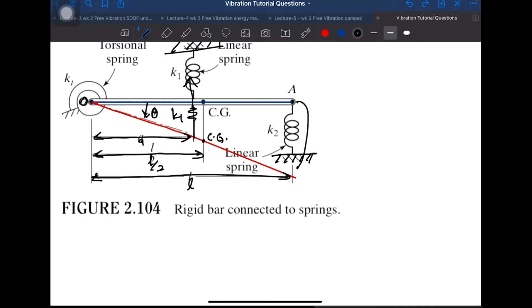When the bar moves downward, it basically compresses K2. K2 is being compressed here. When the bar moves downward, the resultant force from the spring pushes the bar upwards to the original position. So it will look like this.